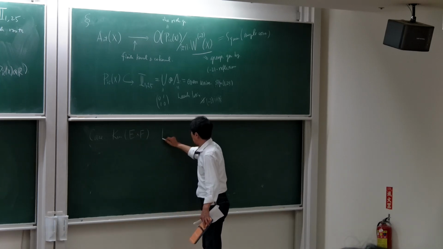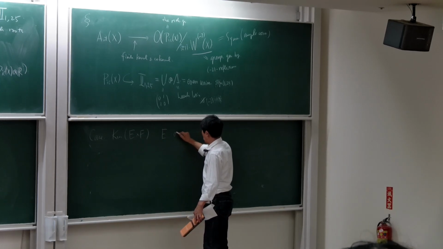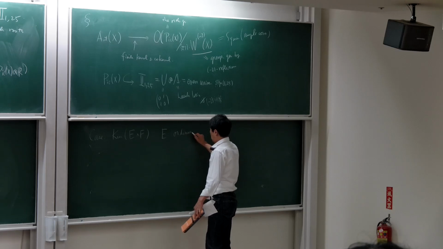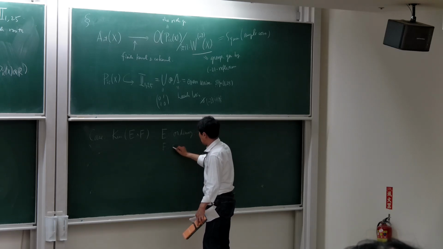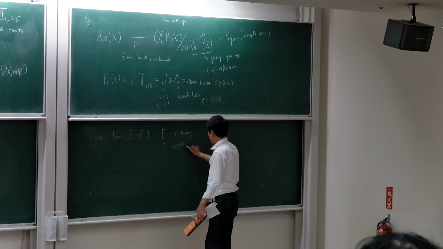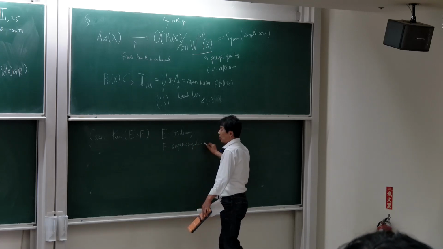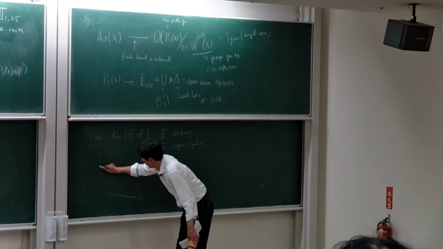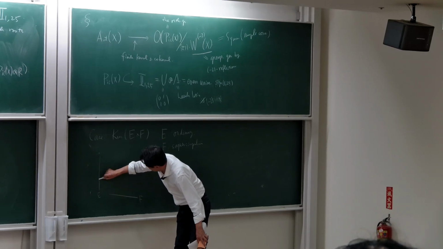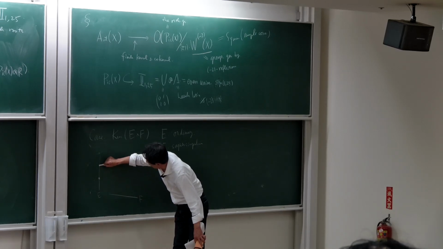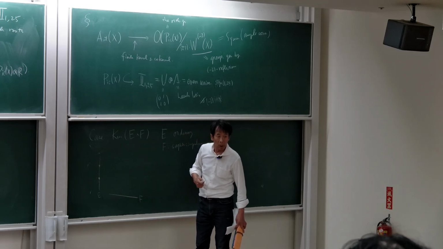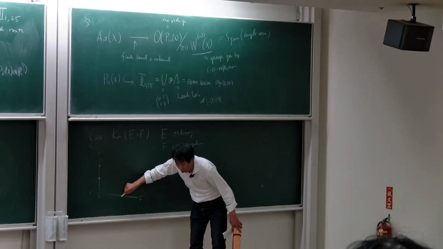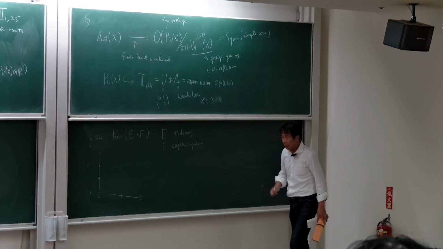But here E is ordinary, and F is supersingular. And in this case, here is F and here is E. Then an ordinary elliptic curve contains two torsion points, but a supersingular one only zero.